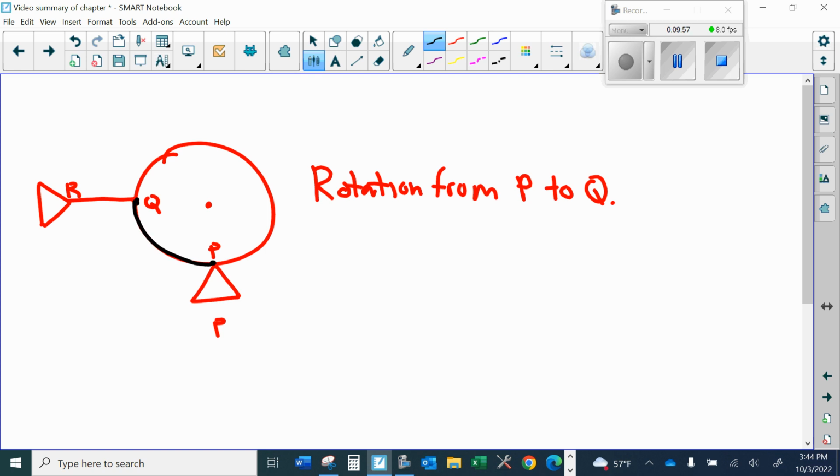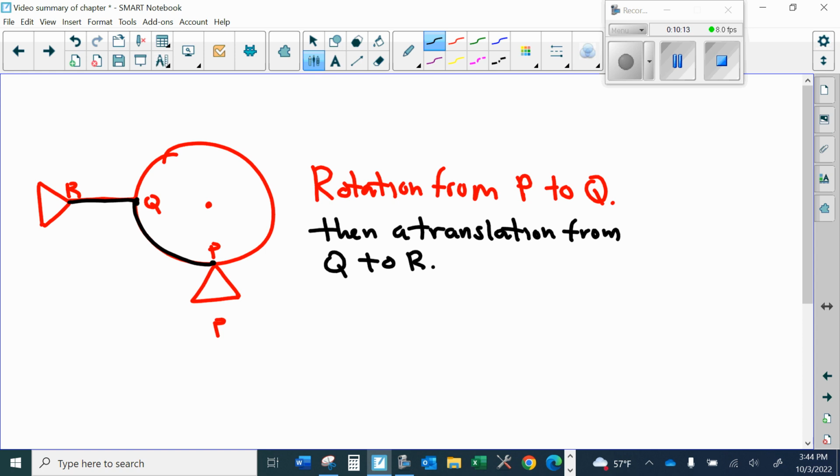And then I see I have a segment. A segment is a translation, then a translation from Q to R. You have to name the points if you want full credit.